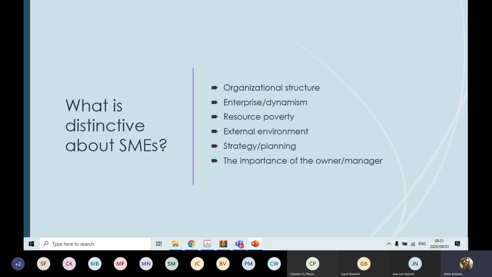Resource poverty, if I have to speak to that: in general, SMEs may experience limited resource bases in terms of access to capital, external information, and expertise. With restricted internal technical expertise, SMEs may require external assistance regarding IS or IT from consultants, and they would also need vendor support.